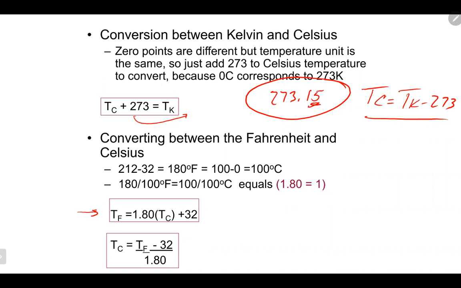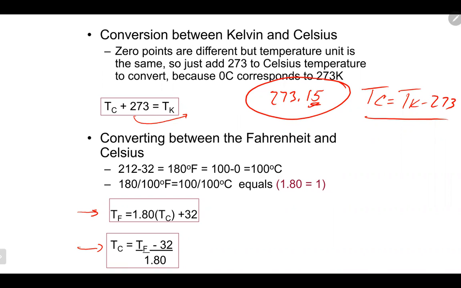And if we wanted to calculate Celsius from Fahrenheit, we would subtract the 32 to the other side, divide by the 1.8, and that gives us the temperature in Celsius is equal to the temperature in Fahrenheit minus 32 divided by 1.8.